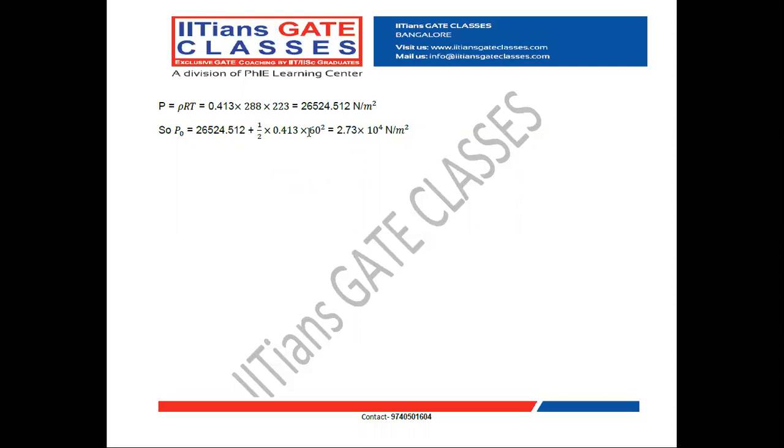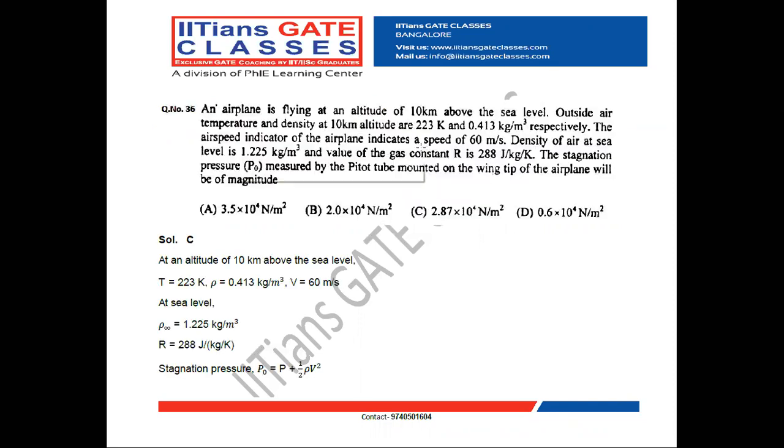Static pressure plus dynamic pressure gives the total pressure, that is the stagnation pressure, equal to 2.73 into 10 power 4 Newton per meter square. So option C is the correct answer.